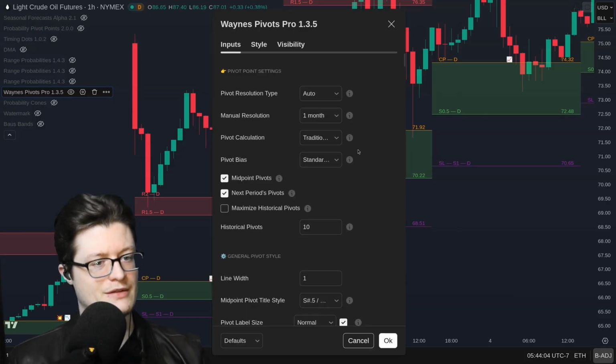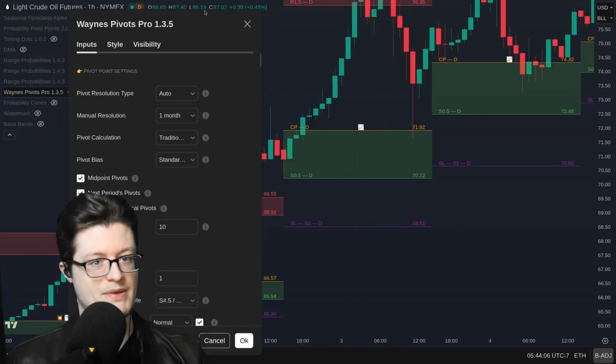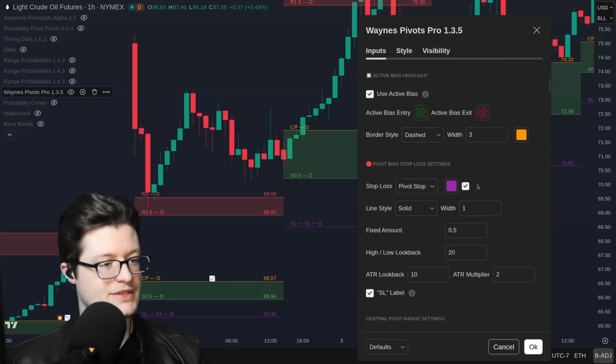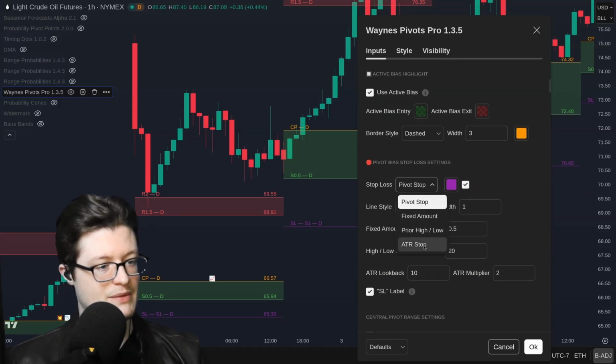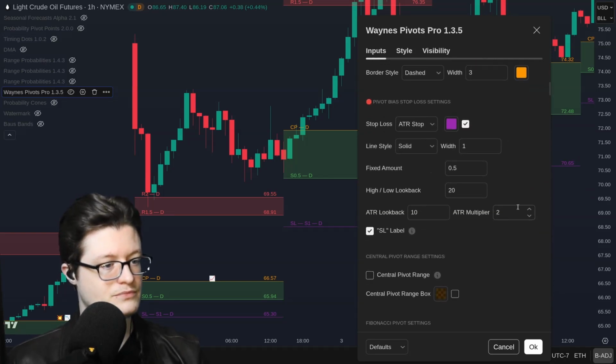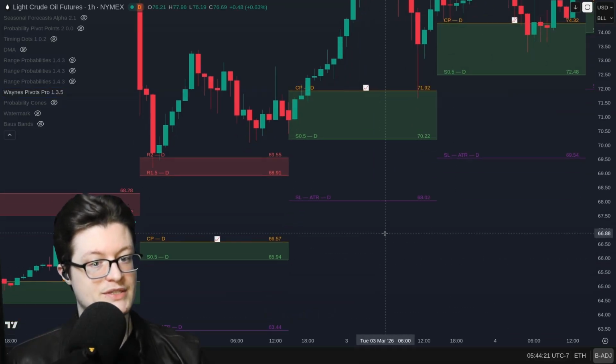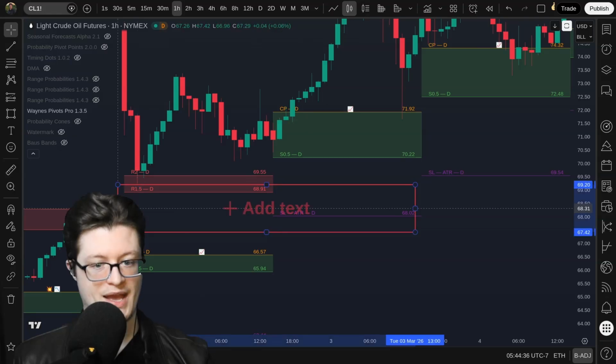And also you can set alternative stops if you don't want to just use the pivot point stop. If you want, you can go into the indicator settings, and instead of using a pivot stop, you can use an ATR stop. This will use an ATR look back of 10 with a multiplier of 2, and it will be volatility adjusted. So that's the oil gap.